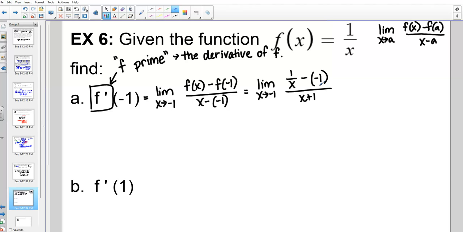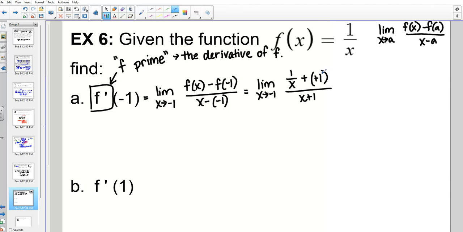That minus a negative right here also just becomes a positive, right? What do I need to do to solve this limit?